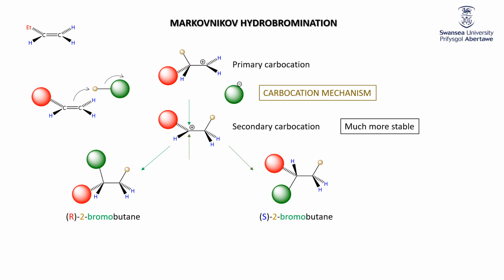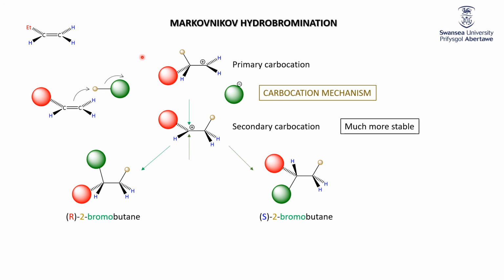So when we do this reaction, the hydrobromination of an asymmetric alkene, asymmetric in this case because we've got 2 hydrogens on one carbon but a hydrogen and an ethyl on another carbon, we're going to make 2 possible chiral products.